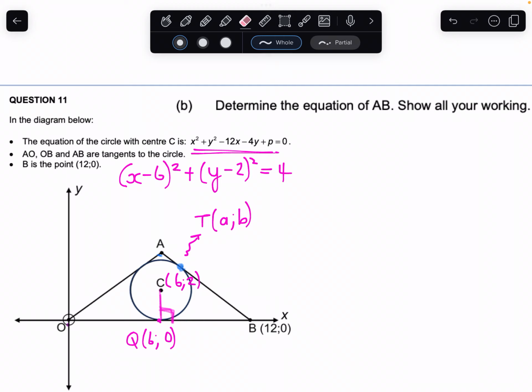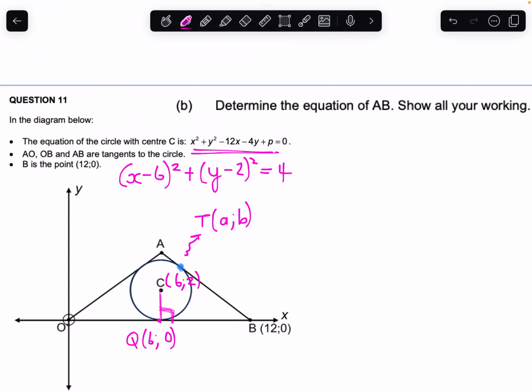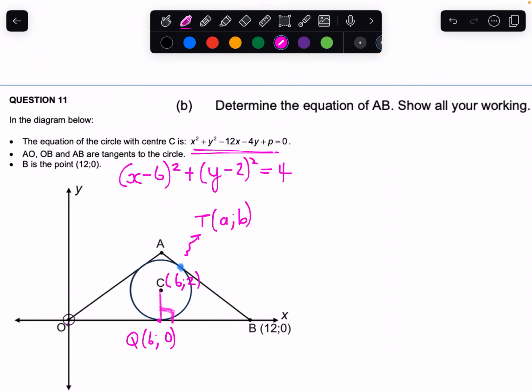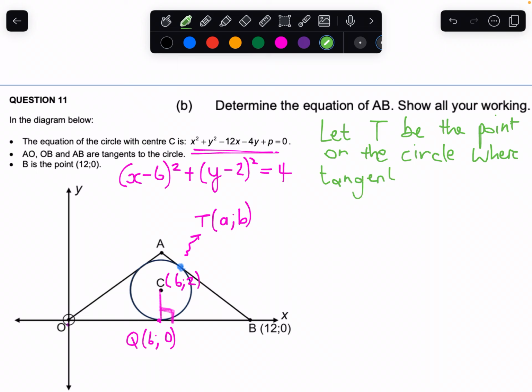Right, so I am going to start by explaining who T is. So I'm going to say, in another color, let T be the point on the circle where tangent AB touches the circle.